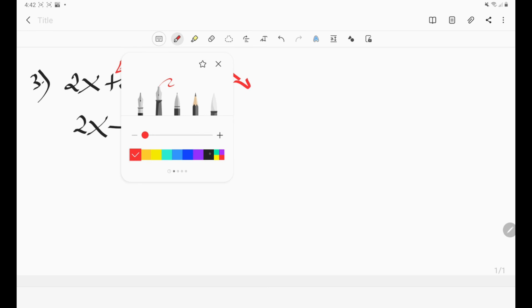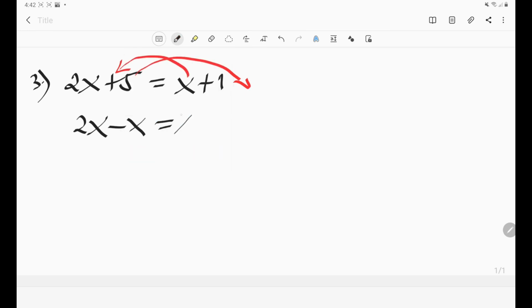So we have now 1, then minus 5, then combine similar terms. This is minus 5 because from positive, when you transpose that, it changes to negative. So we have 2x minus x is equal to x, and 1 minus 5 is negative 4. So x is equal to negative 4.